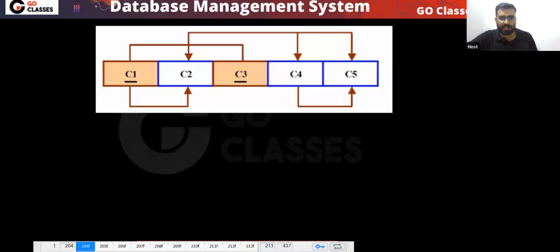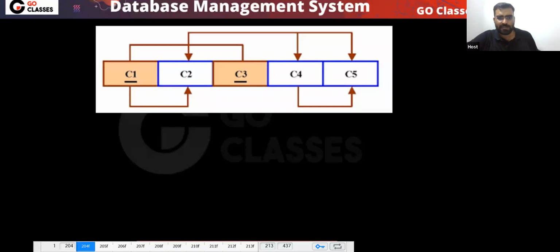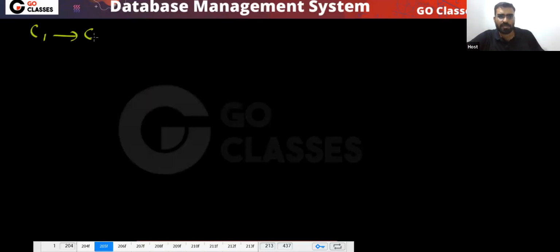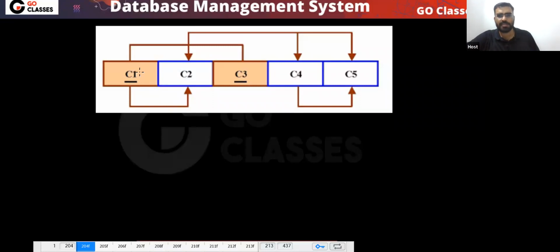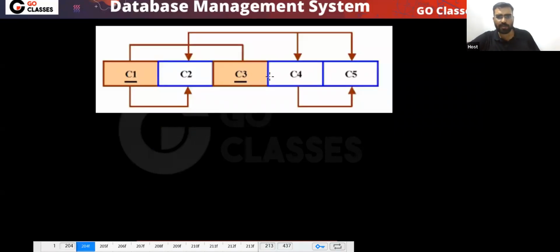First you find what the functional dependencies are. C1 determining C2. C4 determining C5. What is the next?